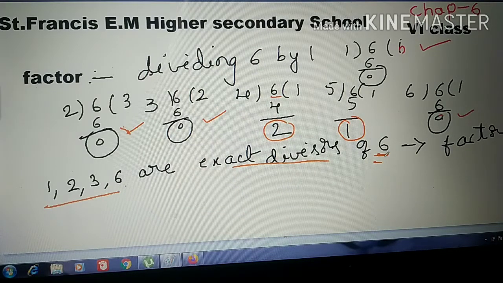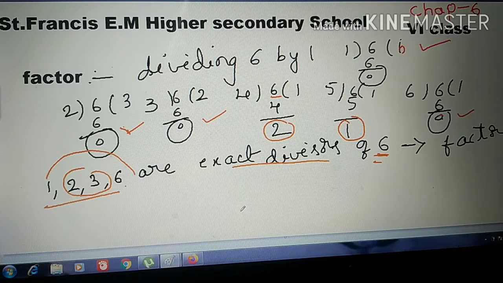If you see here, 2 into 3, you will get 6. Multiples. And 1 into 6 is also 6. So a number is a multiple of its factors.